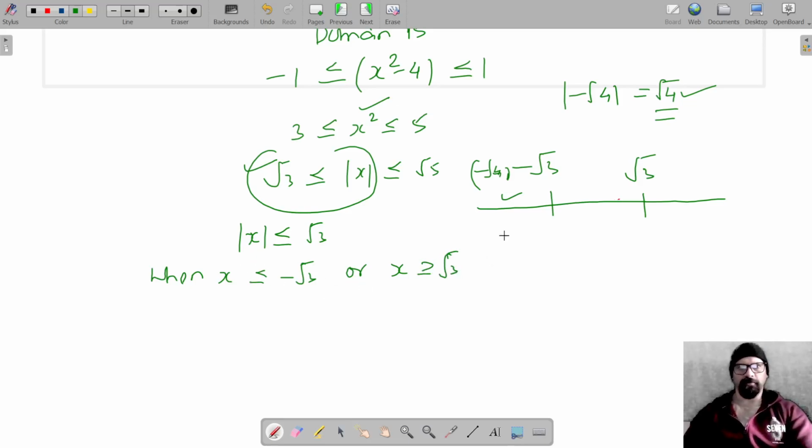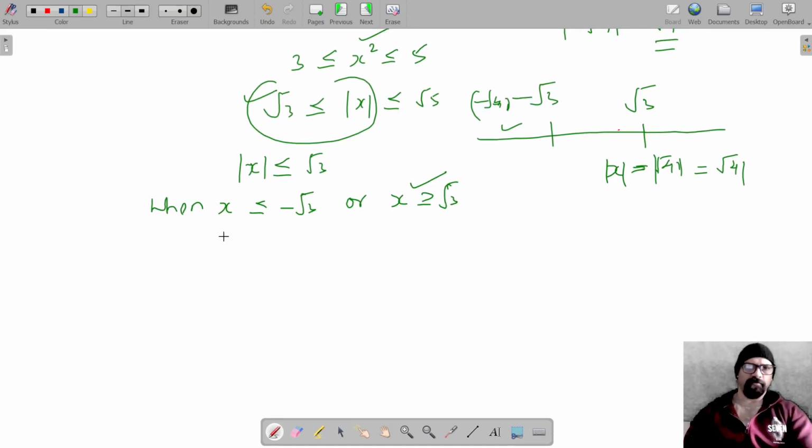Because when x is, let's say, root 4, modulus of root 4 is root 4, and this root 4 would be greater than or equal to root 3.